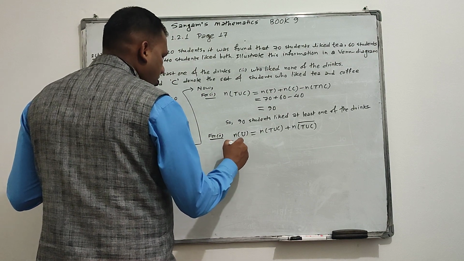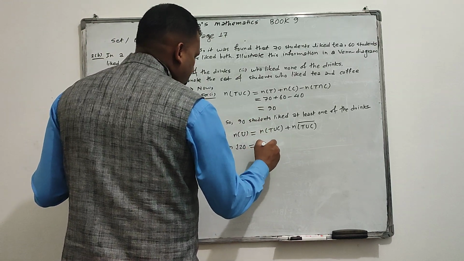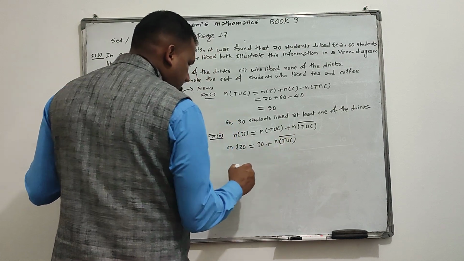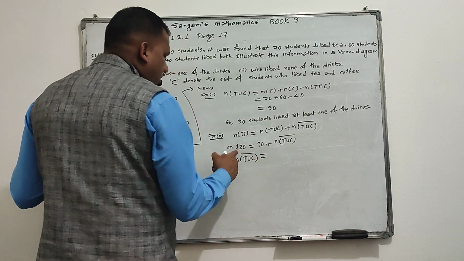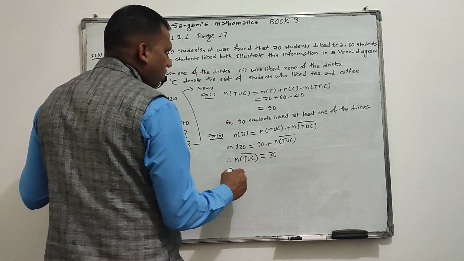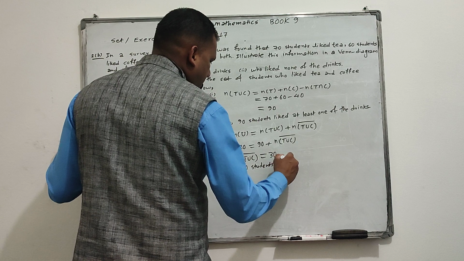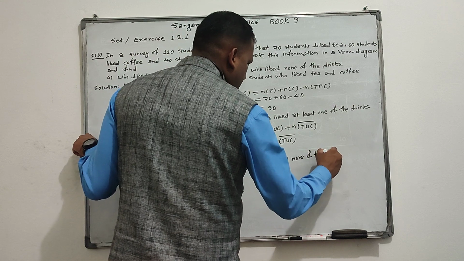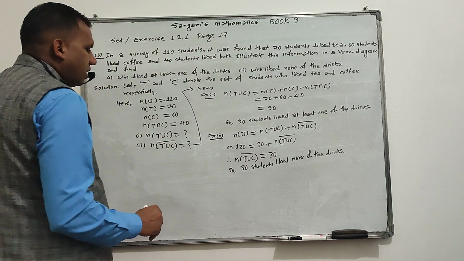Or anyway, 120 equals n(T ∪ C), that is 90, plus the complement part n((T ∪ C)'). Therefore, n((T ∪ C)') equals 120 minus 90, that is 30. So 30 students like none of the drinks. Then we have to represent it in a Venn diagram.